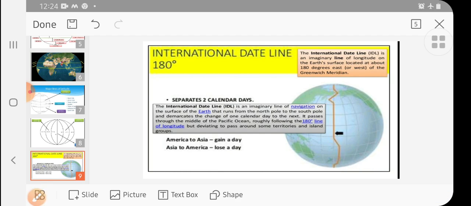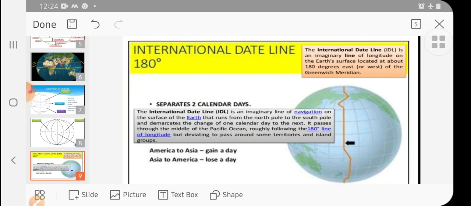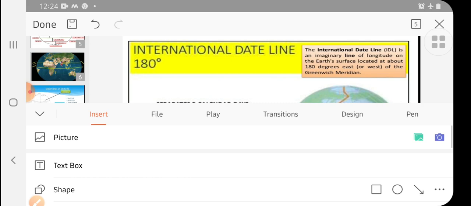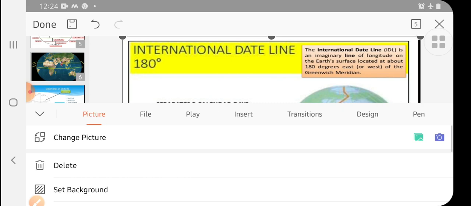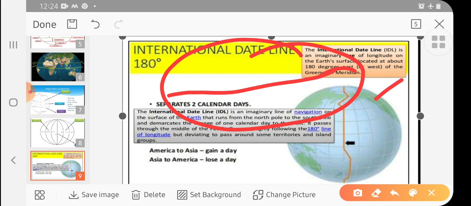Here particularly we will see what the importance of the international date line is. I told you that the 0 degree equator tells us temperature. As I told you, the Tropic of Cancer passes through India, and it shows that we find tropical and subtropical climate in our country.